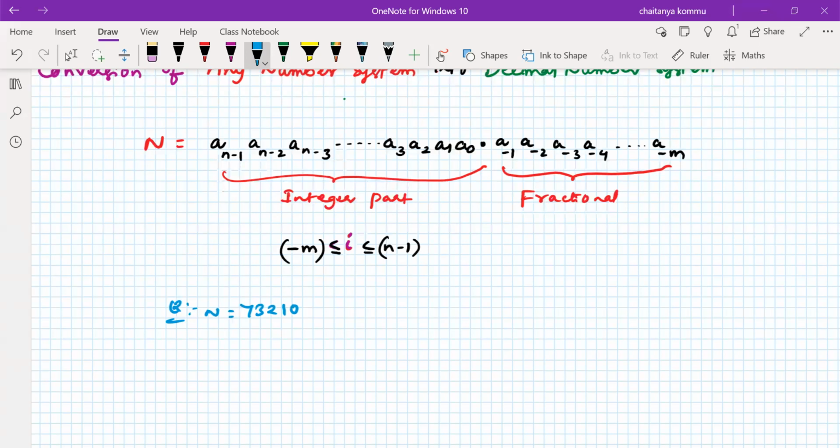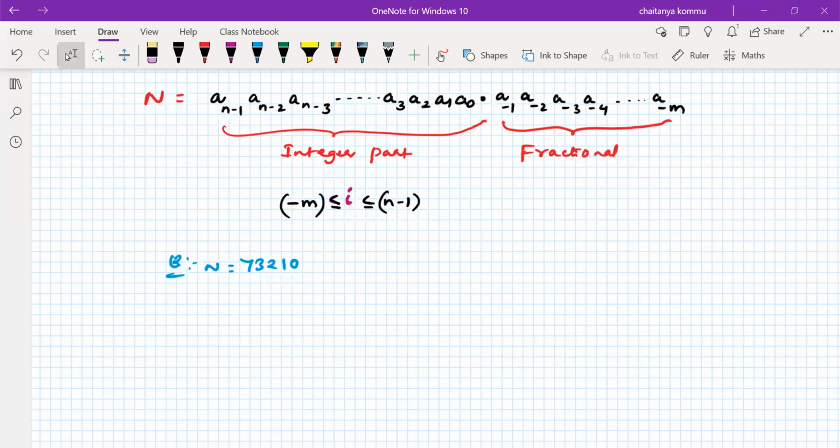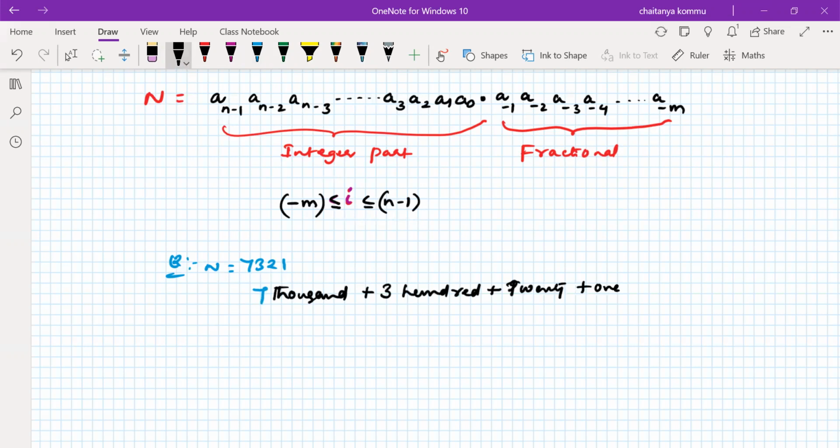The value of this number is 7,000 plus 300 plus 20 plus 1. This is how we have to define the value of this number.